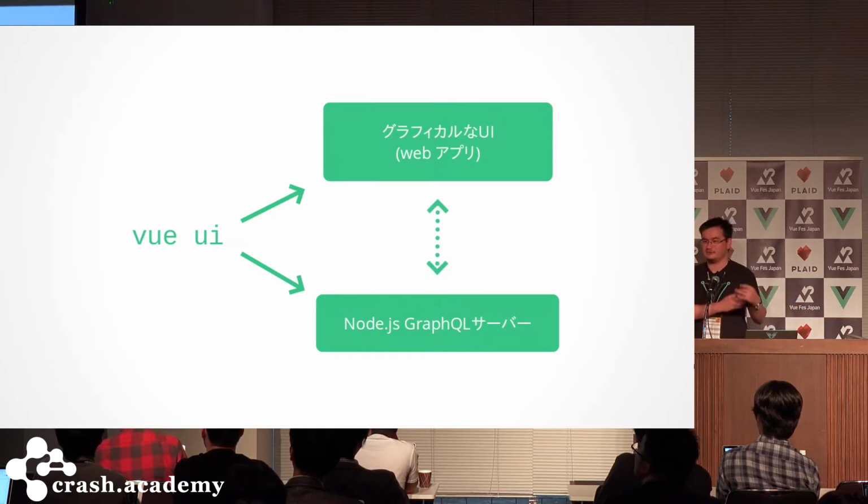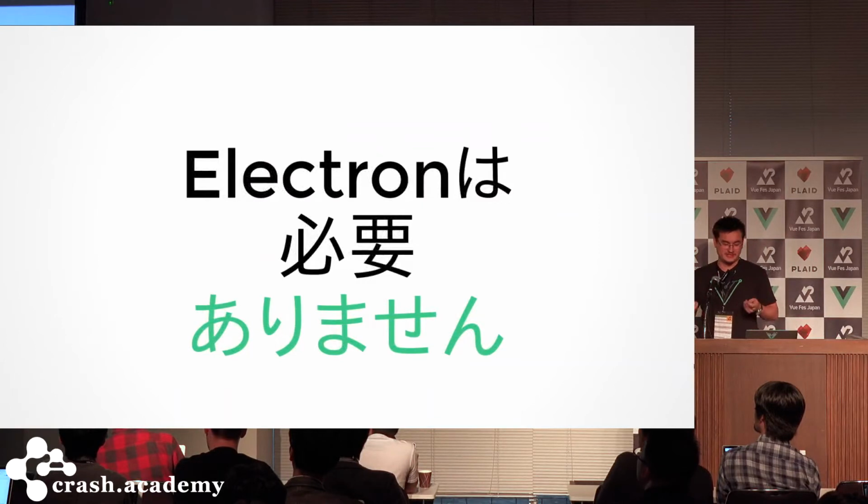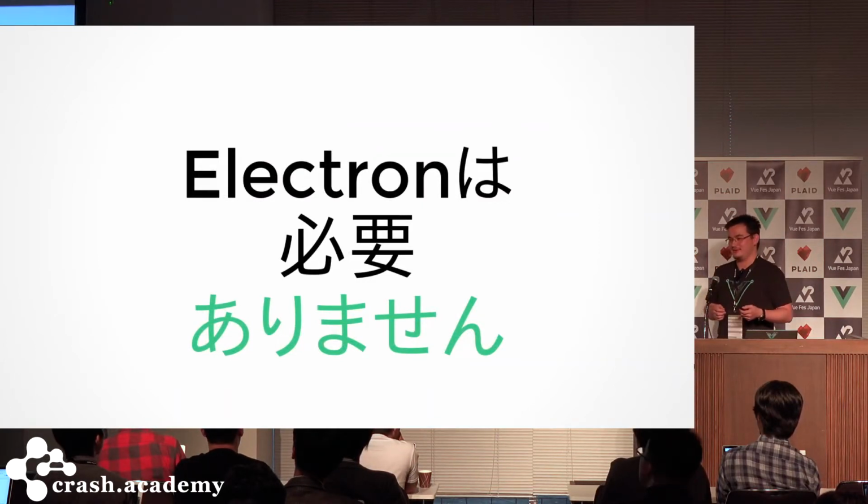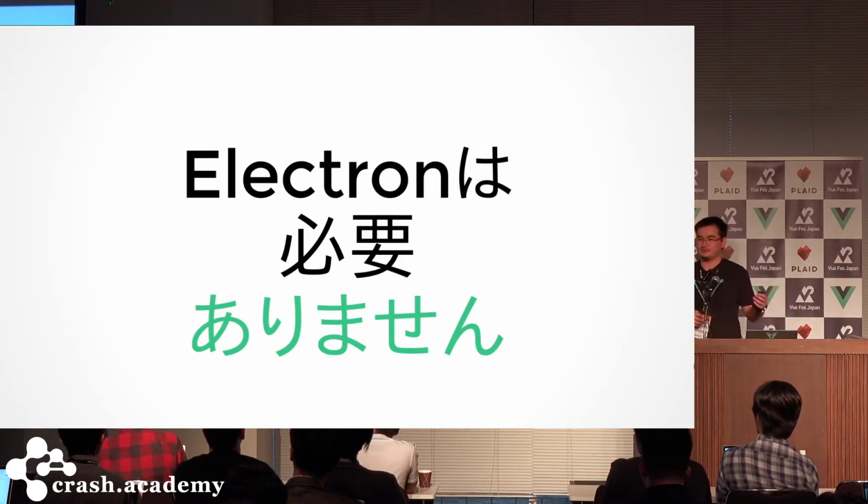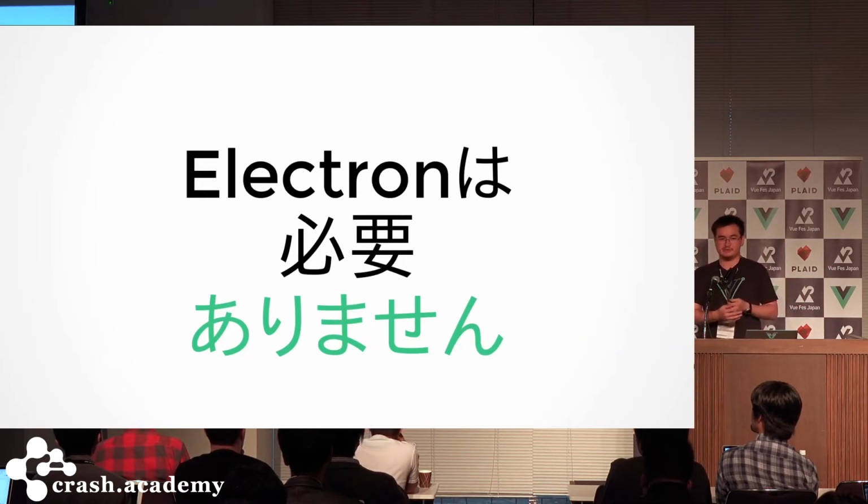And then the both communicates automatically. So the nice thing is there is no need for Electron, so you don't need to download hundreds of megabytes of data to use this. And also, it also means we can integrate Vue UI into other things like Electron or inside IDE, for example.